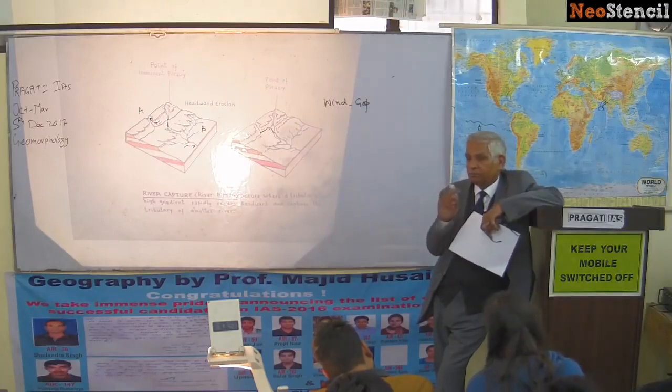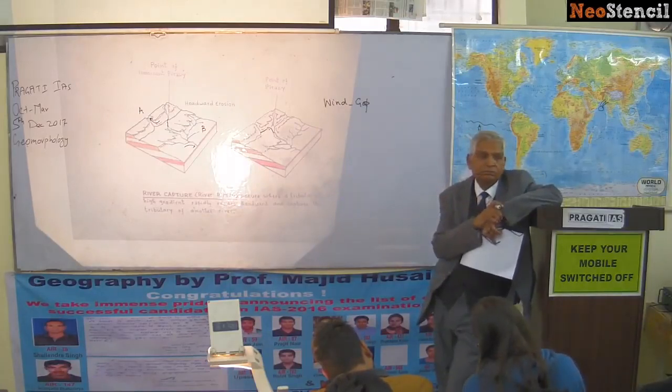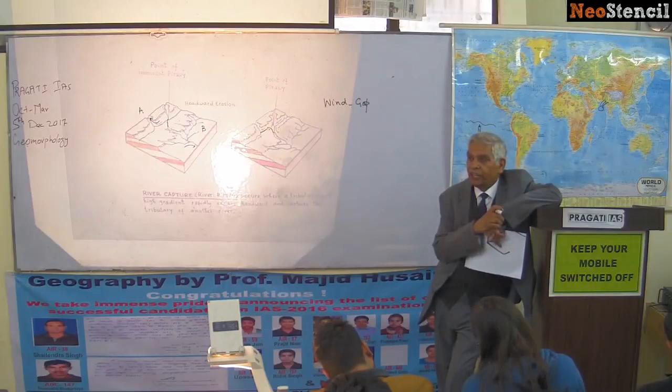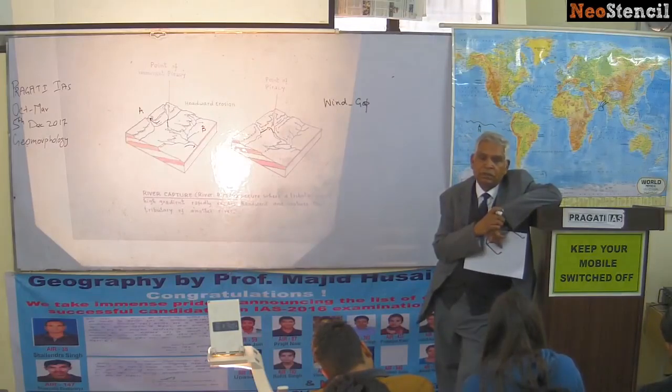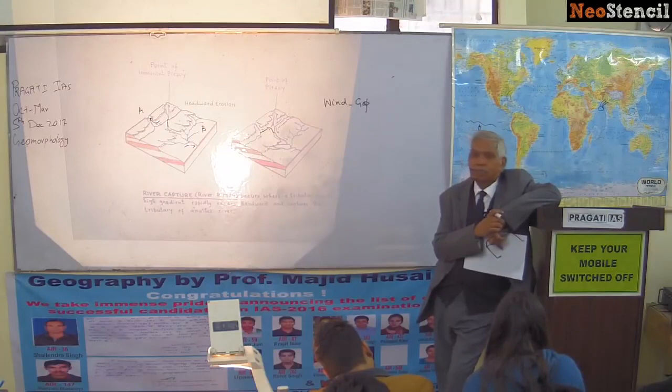The Yamuna river has captured the water of Saraswati near Ambala.